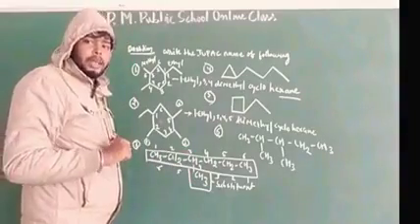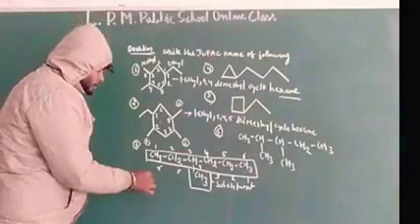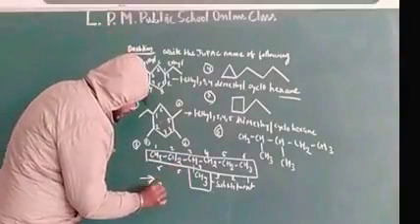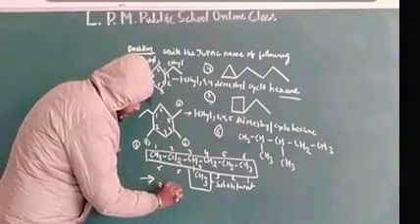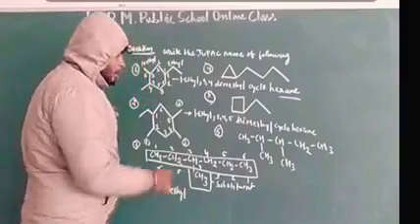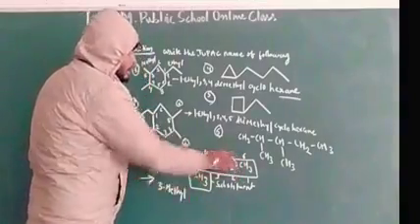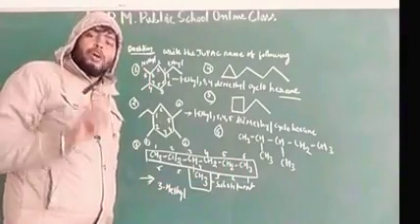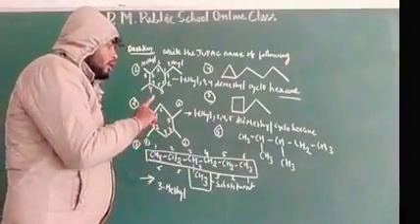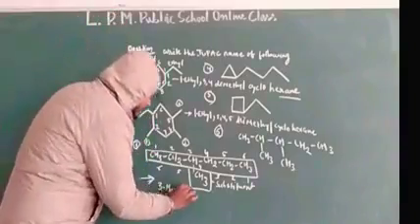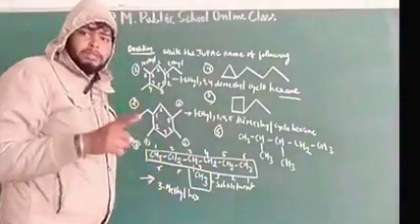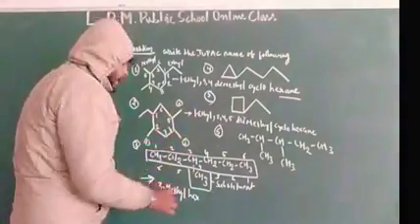For the naming, guys, you have to write 3-methyl. How many carbons are there? 6 carbons joined together in a single bond structure. For this you have to write hex, for 6 carbons. And for the single bond arrangement between carbon atoms, you have to write ane.